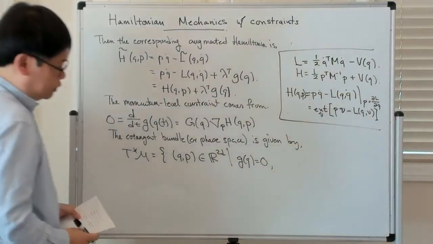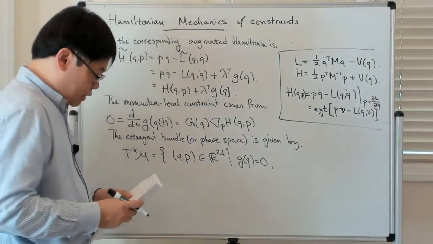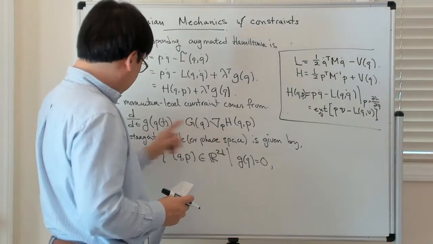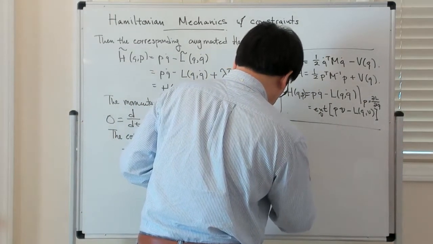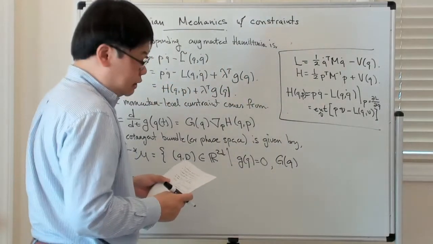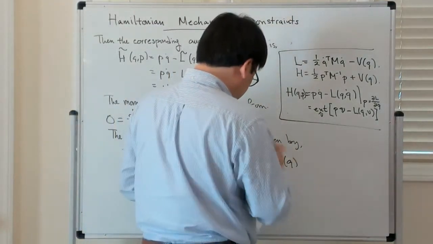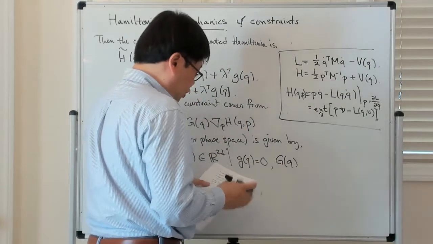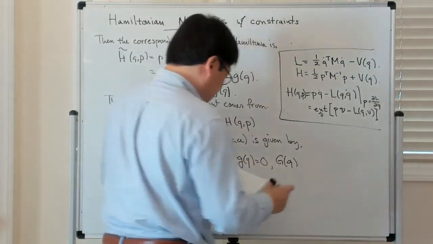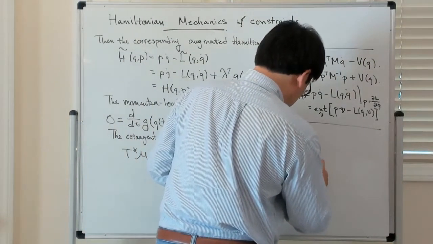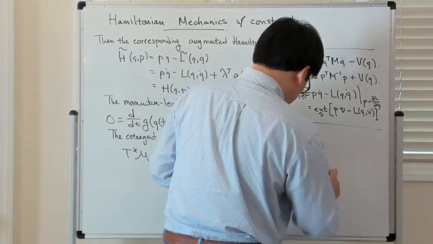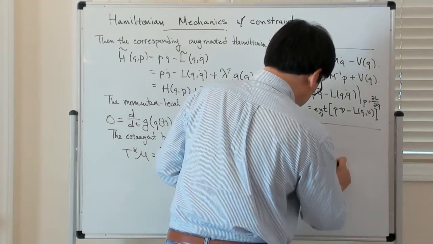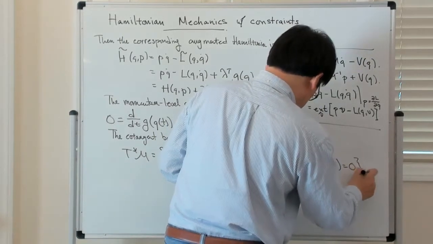So this imposes the condition that q is in M. And then the other condition is that this is equal to 0. That's big G, the Jacobian of the vector valued function g, which encodes all the constraints, times the gradient of the Hamiltonian with respect to the momentum. This thing is equal to 0. All right.